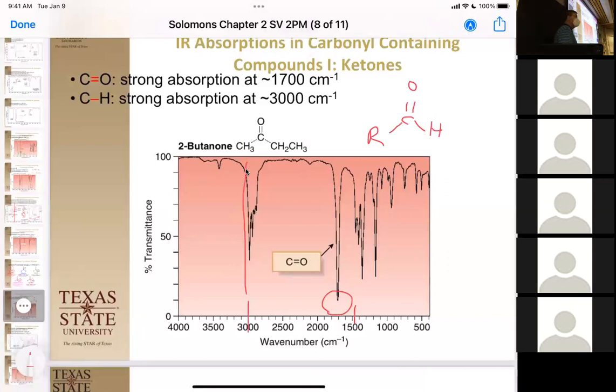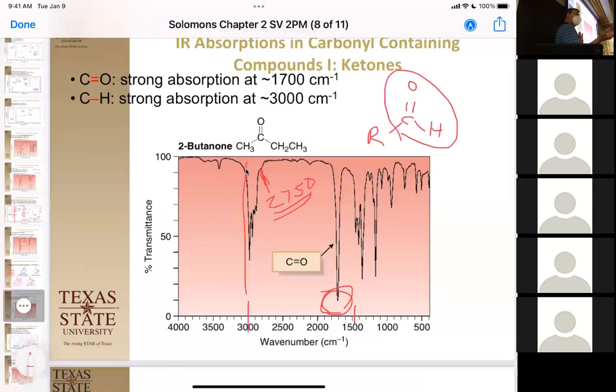That hydrogen on the aldehyde is actually shifted in a very weird place. It's right here at 2750. So if you have a peak here at 2750 and a carbonyl peak here, you actually have an aldehyde. It's that hydrogen on that carbon.